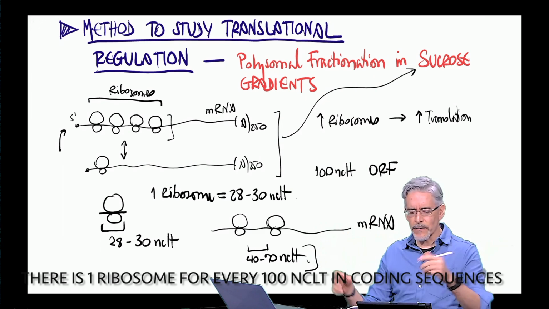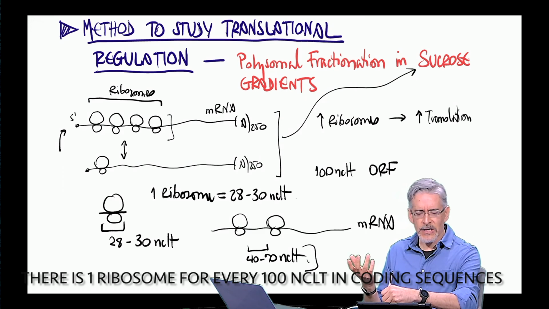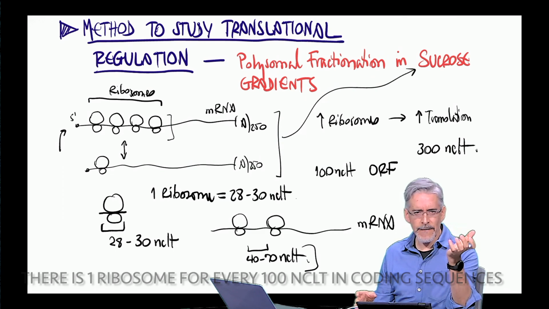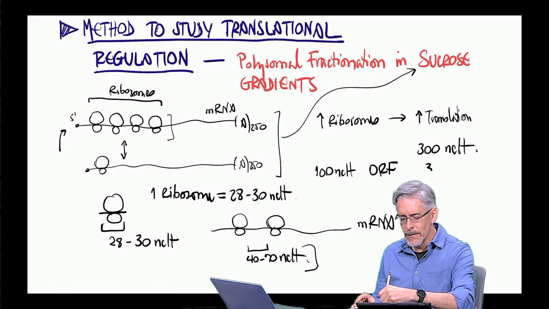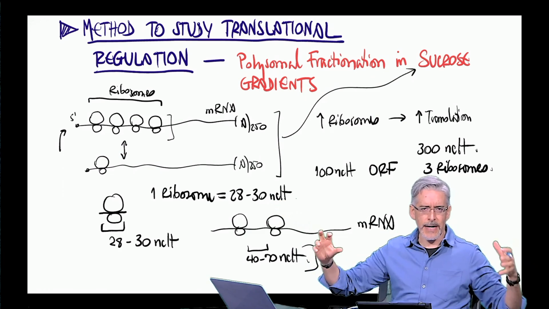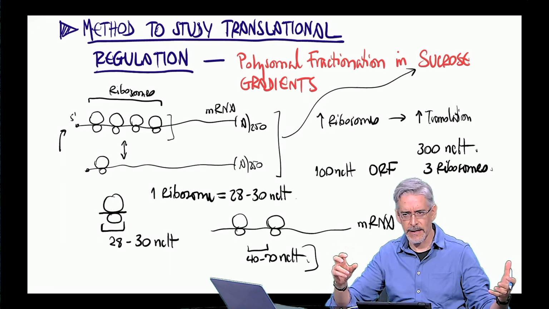So a coding sequence that spans for about 300 nucleotides will have about a maximum of about 3 ribosomes associated to it. Which also goes with the idea that the longer the reading frame, the more ribosomes you can actually have associated to a single messenger RNA.